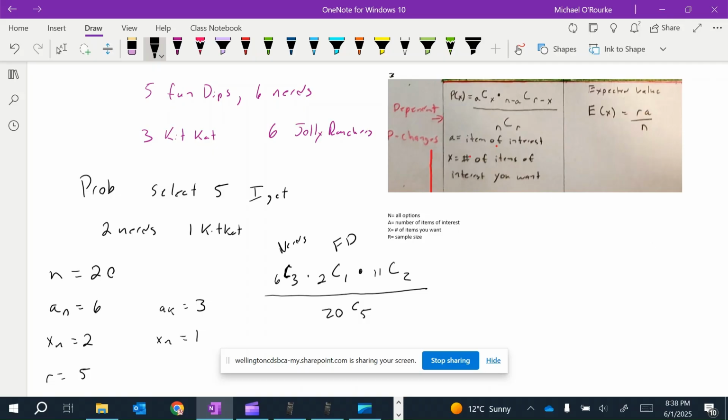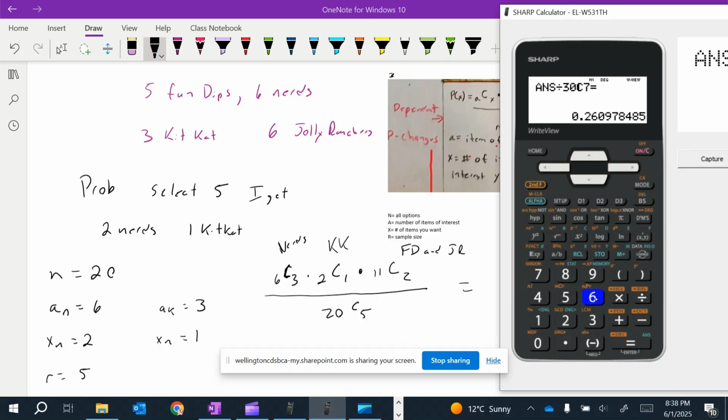Oh, sorry, that is our Kit Kat. And this here is Fun Dip and Jolly Ranchers, because we don't really care what number we get from there. Okay? And then we go 6C3 times 2C1 times 11C2. That's our top, and we're going to divide it by 20C5.